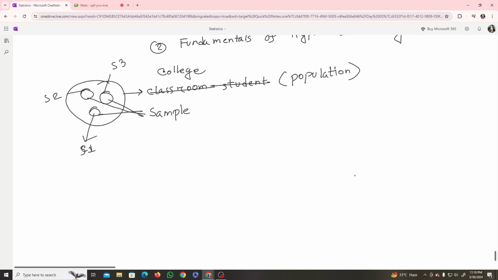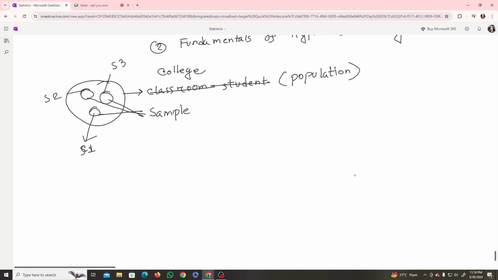So what does the confidence interval do? The confidence interval is an interval which is obtained from the observed data. In this case, the samples are the observed data, right? It holds the actual value of the unknown parameter. And what is the parameter? The parameter is height. We are testing for the height, right?